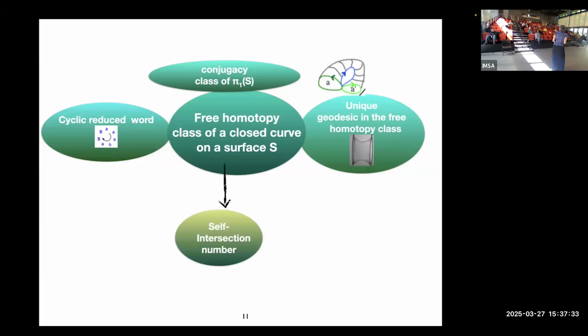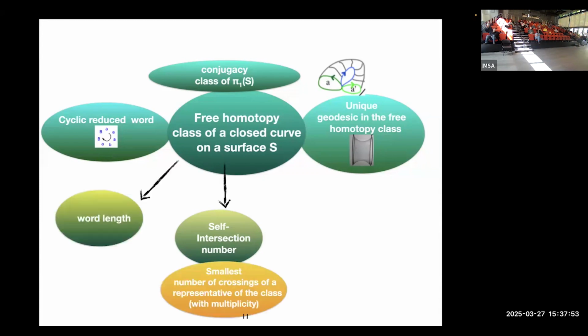So I can associate three numbers to this homotopy class. One is the number of crossings. These are the transversal double crossings, and minimal: so you homotope, so it crosses itself the smallest number of times. And it has the word length.